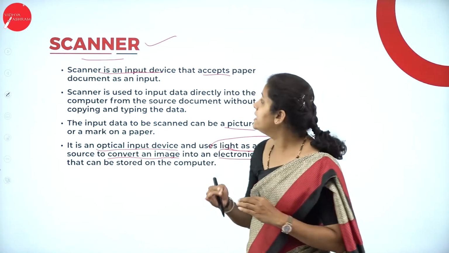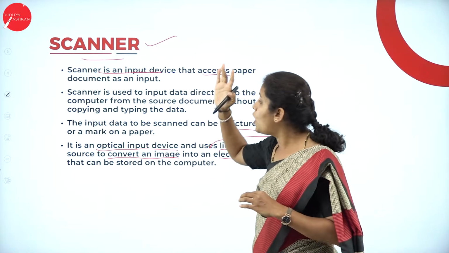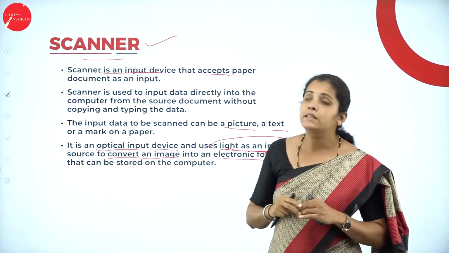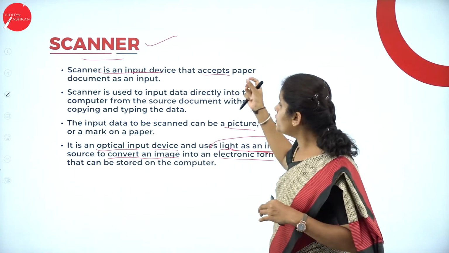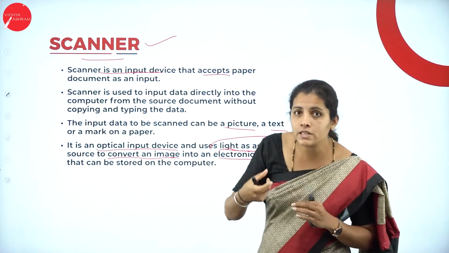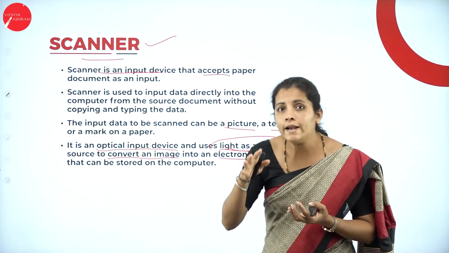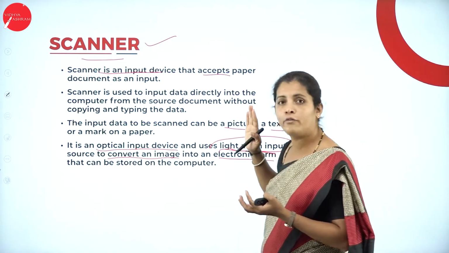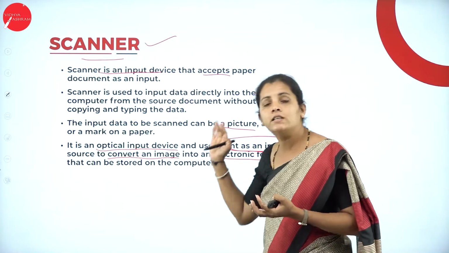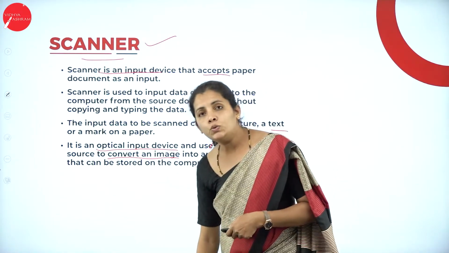So dear students, the scanner is an optical input device that accepts a document as its input. What is the job of the scanner? It is to scan the document. The scanned document is in electronic form and is given to the computer as input.